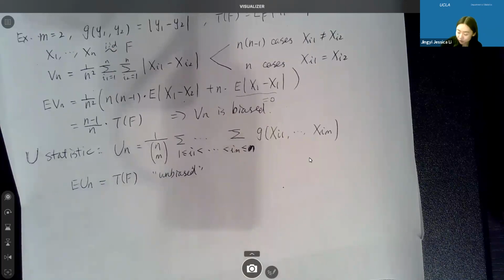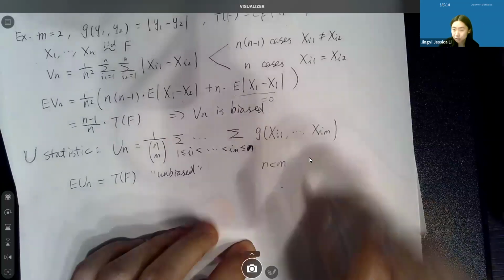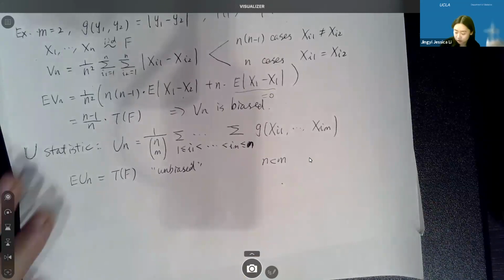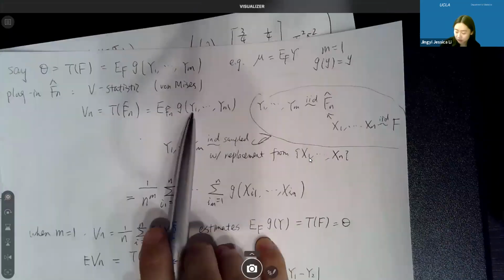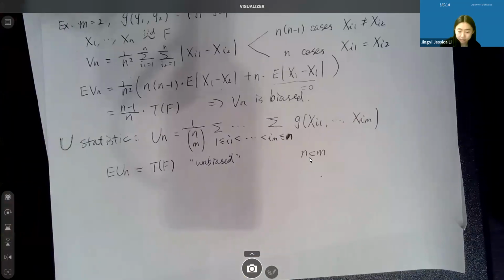If m is greater than n, this is not possible. In other words, in your definition of the statistical functional, the number of random variables in your g function, here Y1 to Ym, you cannot have this m greater than your sample size in the U statistic, otherwise it will not exist.